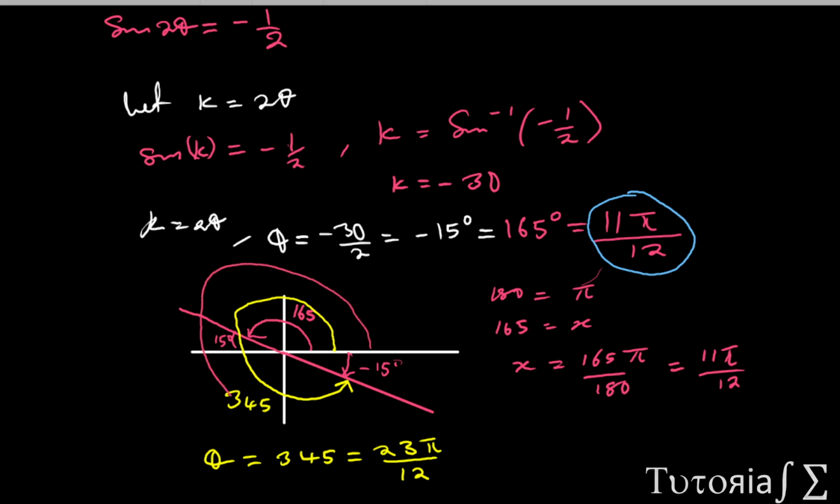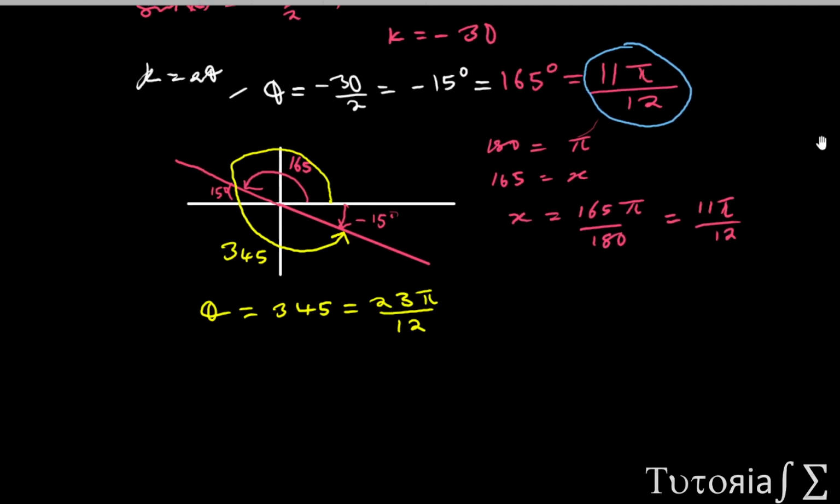Now notice if we continue going round like that, maybe we find the third term, we'll have a sequence of numbers. To put it simply, the first term of this sequence will be 11 pi over 12. The second term of the sequence will be 23 pi over 12, and it will go on and on. And the difference, of course, will be pi.